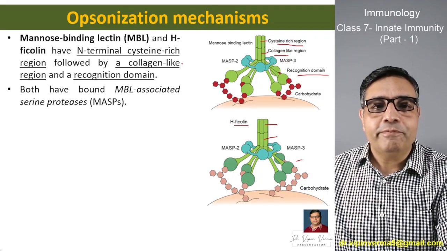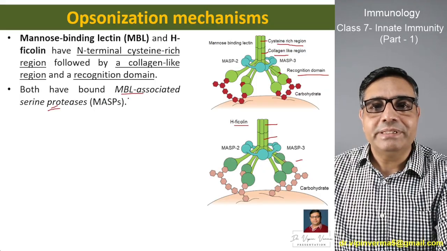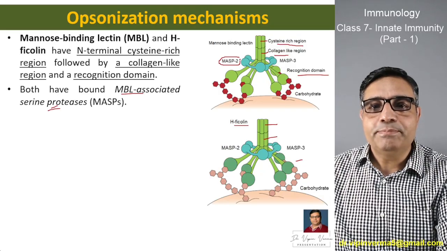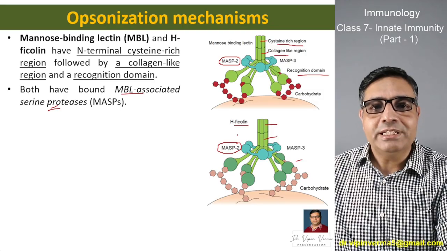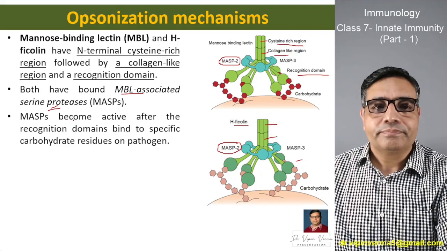Now both have bound MBL associated serine proteases. We call them MASPs. Here you can see we have this MASP2, and here also we have the MASP2, in the light blue color, and MASP2 is MBL associated serine protease.